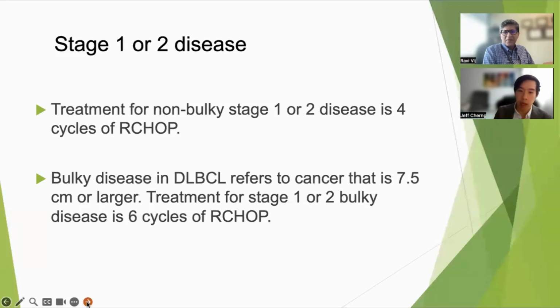Now, in the FLIER study, it was defined as anything 7.5 centimeters or larger in terms of diameter or largest mass. Bulky has different definitions, sometimes 10 centimeters in other studies, but certainly this, even though it's not classically a risk factor as part of the International Prognostic Index, does give me and others pause in considering a de-escalated approach.